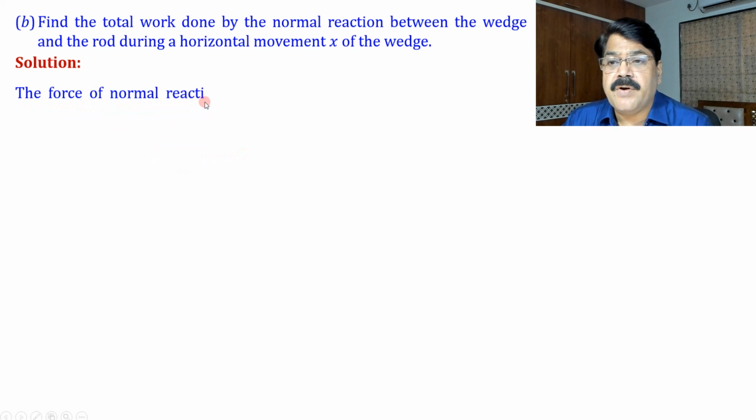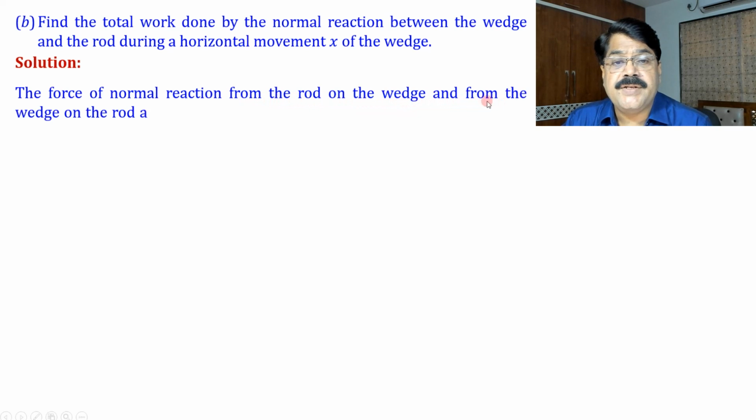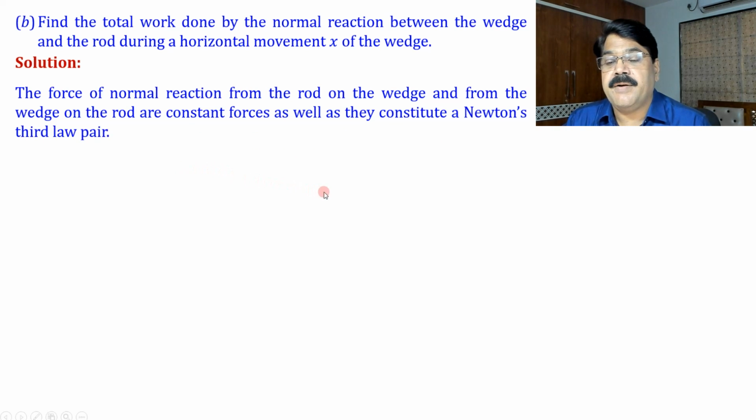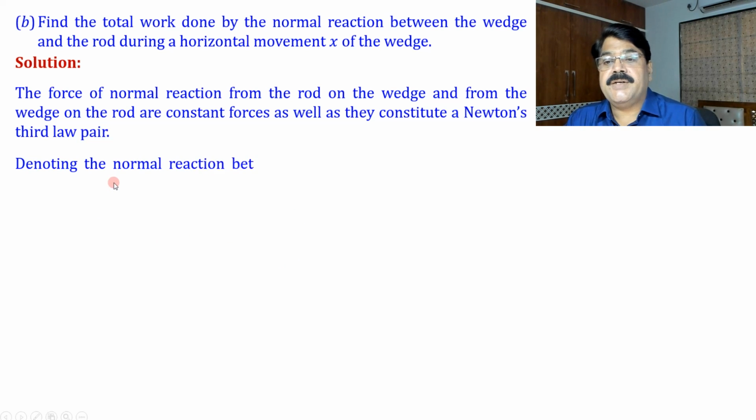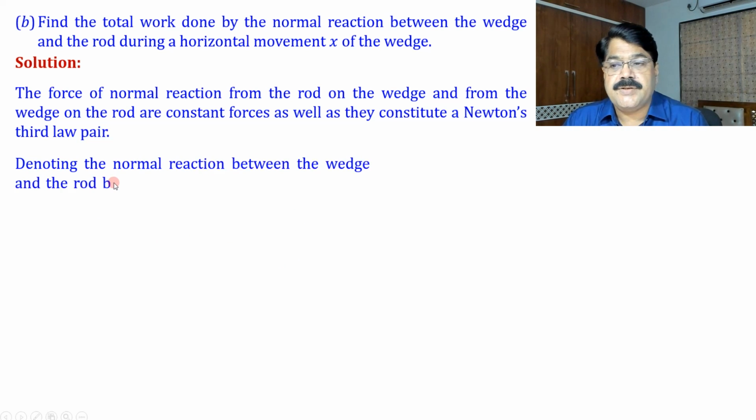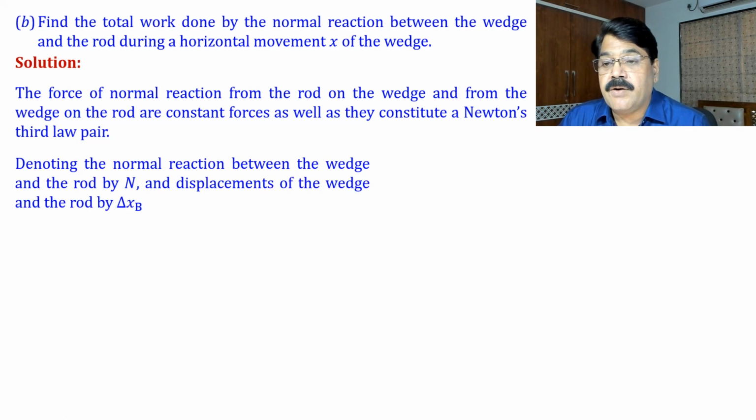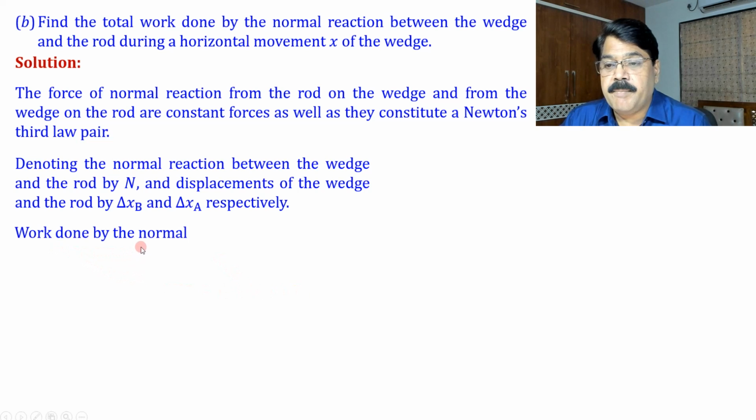The forces of normal reaction from the rod on the wedge and from the wedge on the rod are constant forces, and they constitute a Newton's third law pair, meaning they will be equal and opposite. Denoting the normal reaction between the wedge and the rod by n, and displacements of the wedge and the rod by delta xb and delta xa respectively, we can show in the diagram the work done by the normal reaction on the wedge.